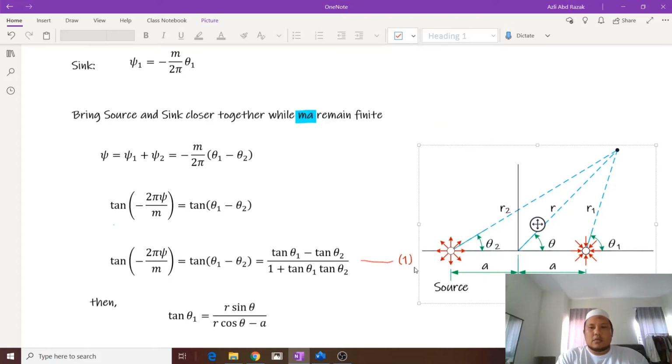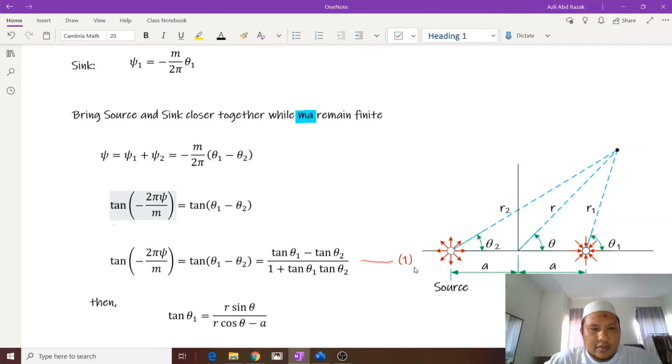From this figure, we can see that psi is a combination of two parts, psi 1 and psi 2, from the sink and the source. From this combination of source and sink, we can get these equations.